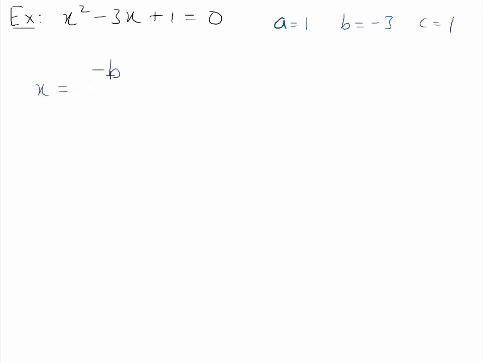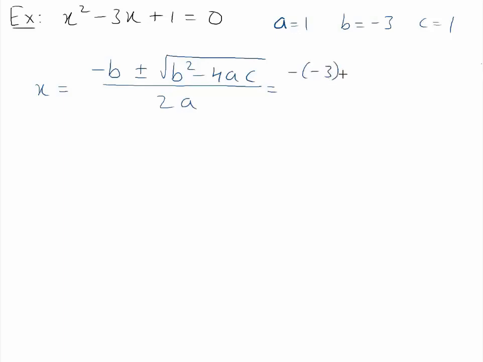So x equals minus b plus minus square root b square minus 4ac whole divided by 2a. This is minus of minus 3 plus minus square root b square minus 4ac whole divided by 2a.